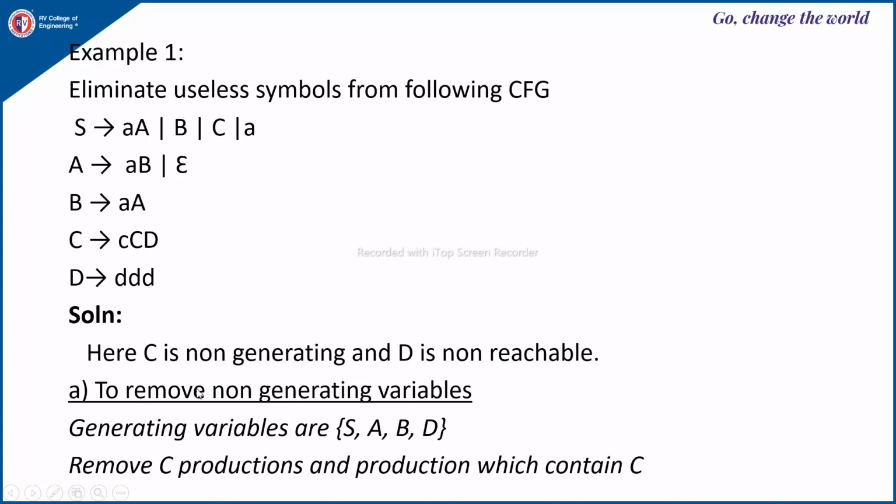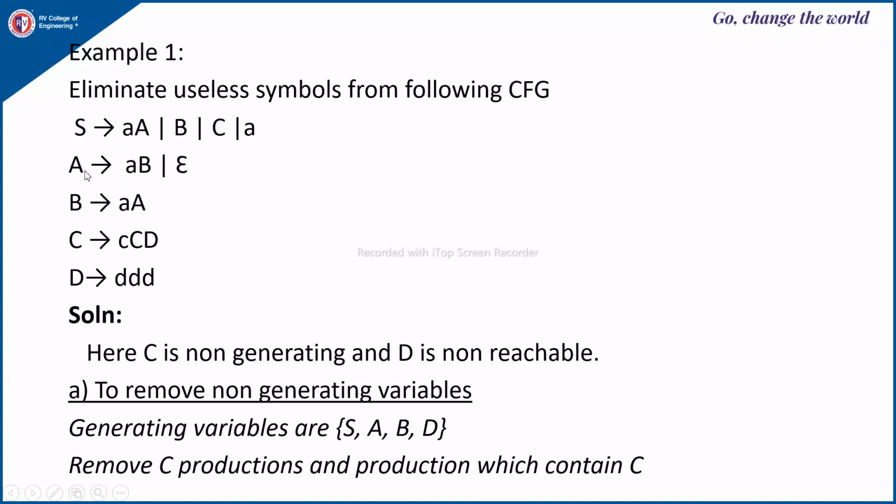Now first, to remove the non-generating variable. Which is non-generating? C is non-generating. The generating variables, you can observe, start from S. S derives AA. A has terminal symbols, so you can generate some string from A. B derives BA or AB, and A you can terminate by epsilon, so B is also generating.